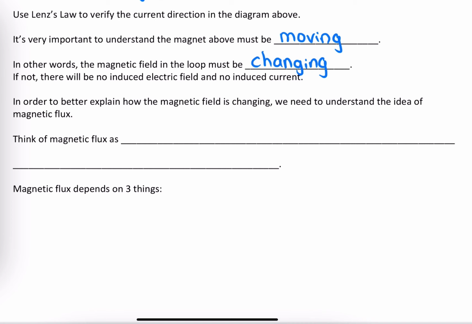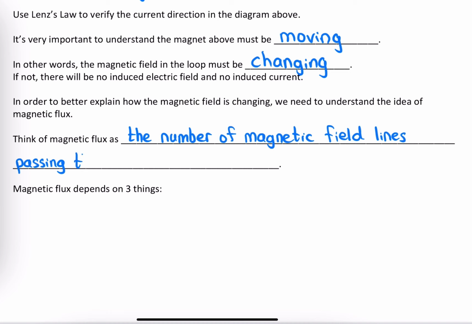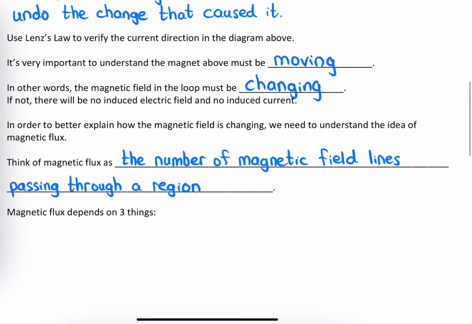So I want you to think of magnetic flux as the number of magnetic field lines passing through a region.